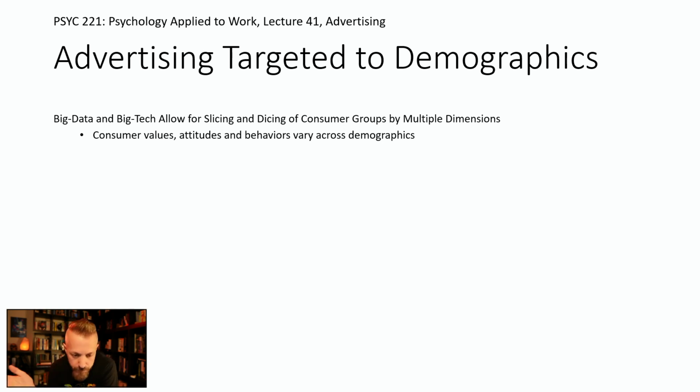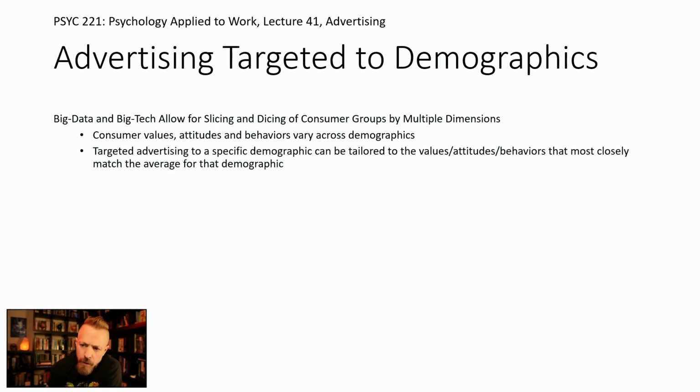But this is sliced in all sorts of different ways. And there you're looking at trying to take advertisement for a specific slice of a population, and tailor your advertisement for what you do know about the values, the behaviors, the attitudes, so they most closely match.